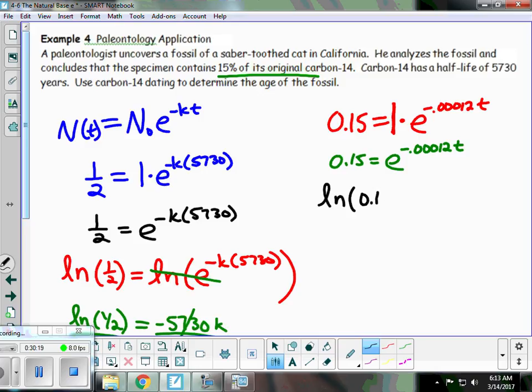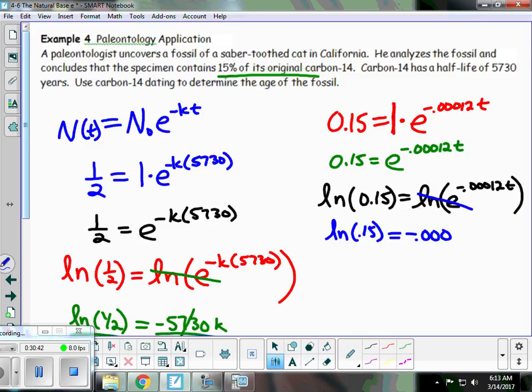At this point, it's pretty similar to what we did on that last set. The natural logarithm and e cancels. We're left with natural logarithm of 0.15 equal to negative 0.00012 T. Divide both sides by that negative 0.00012.